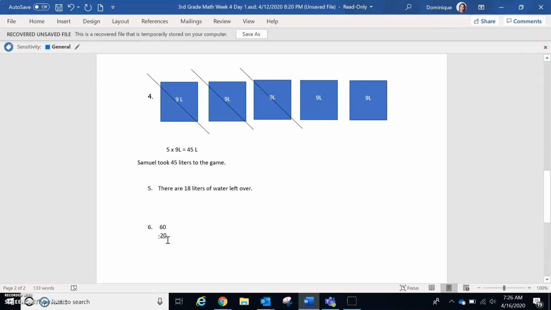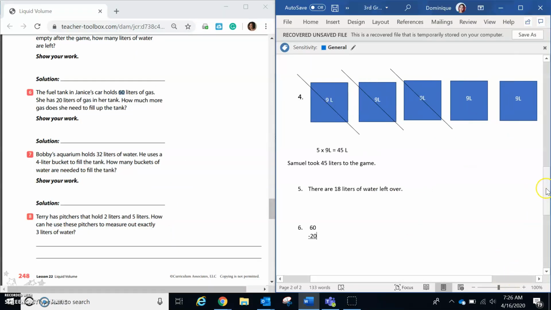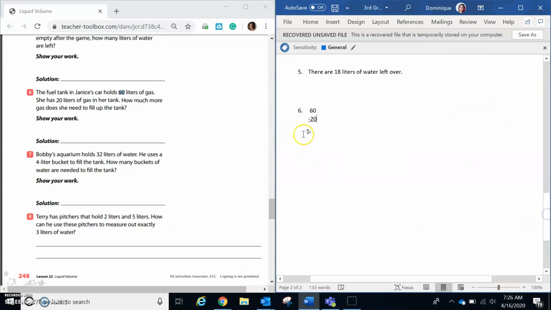Okay. Remember, we always start in our ones place. 0 take away 0 is 0. 6 take away 2 is 4. So our final answer would be 40.